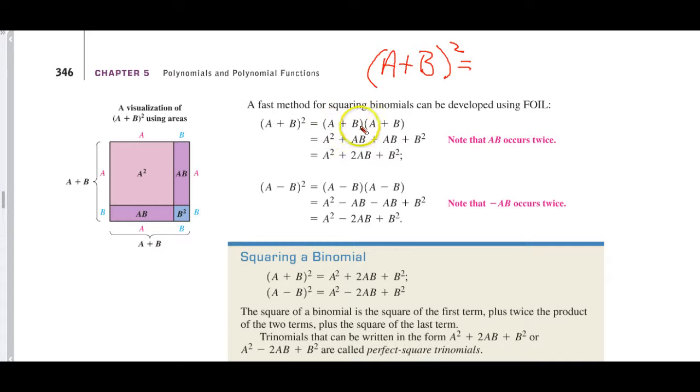Step one, now you could always do it this way by FOIL, but step one is to square this first term. Step two is to multiply these two together and double it. So you're going to get a 2, whatever that is. And notice this sign is there. And then you're going to square this last term.